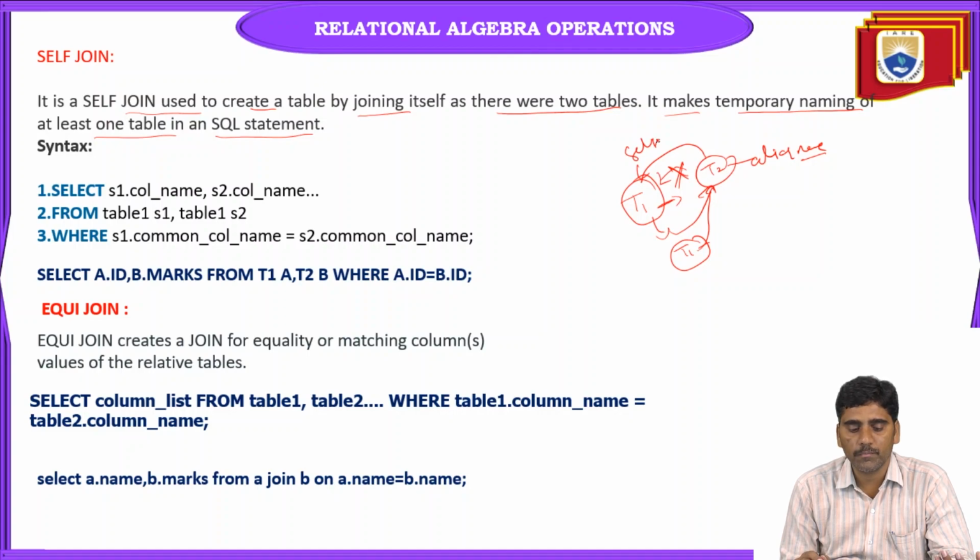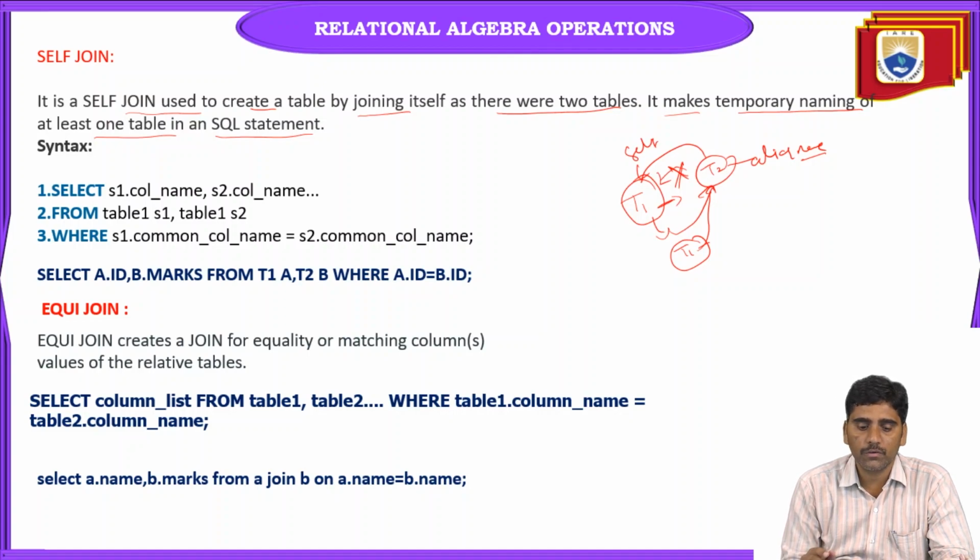So how can we perform it? What is the syntax to write here? Select s1 dot column name, comma, s2 dot column name. If you want to join only two columns, you write s1 dot column name and, from the same table, s2 dot column name, from table 1 s1, comma, table 1 s2, where s1 dot column name equals s2 dot column name.